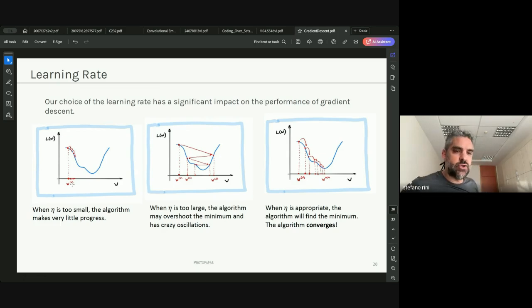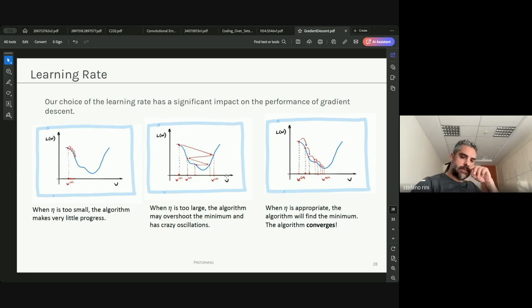So what I do is that I choose a learning rate which is too conservative, and so I never make progress. Okay, my learning rate is so small that I'm just making tiny progress, and even after 1 million iterations, I'm far away from the minimum. So I'm wasting time, I'm wasting computational resources because I'm taking a lot of derivatives, and I'm far away from the zero.